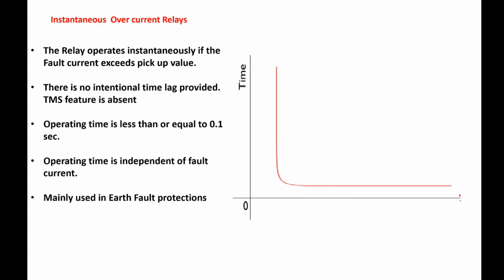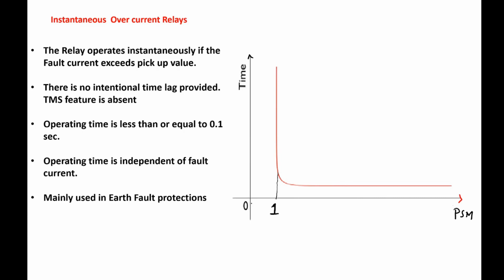So again, it is a curve here. If this is the plug setting multiplier and this is the time, I am writing 1 here. Why am I writing 1? Because the relay will not operate for PSM values less than or equal to 1, as we have already seen.